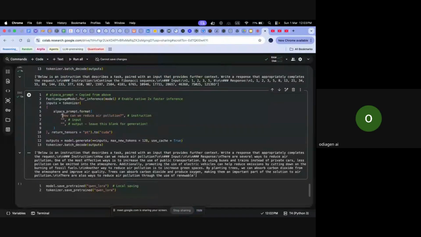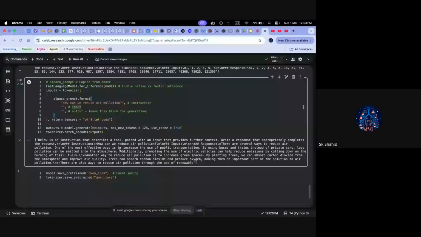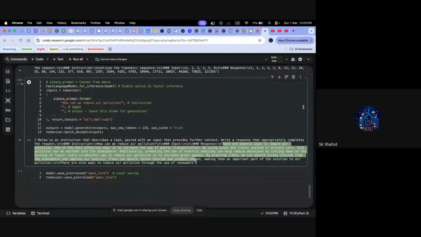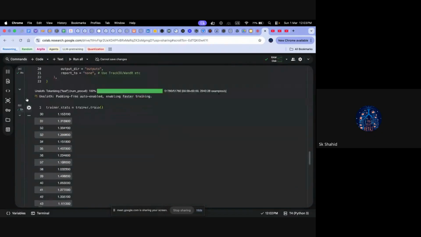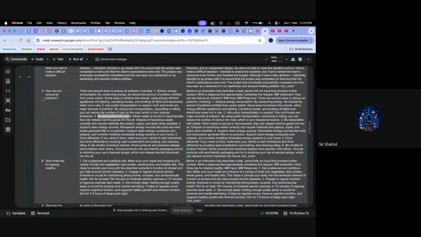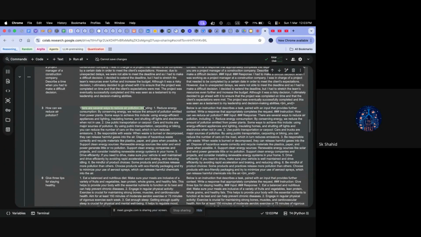Yes. So this is the instruction that we copied from our training data, and this is the way it follows. The response: there are several ways to reduce air pollution. One of the most effective ways is this, that, and all. This is how the training data also sounds. If you see from our training, there are several ways to reduce pollution, including, look, exactly, it has not produced the same result, but it has the traces of our fine-tuned data.